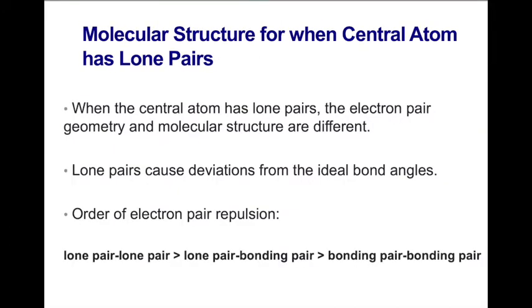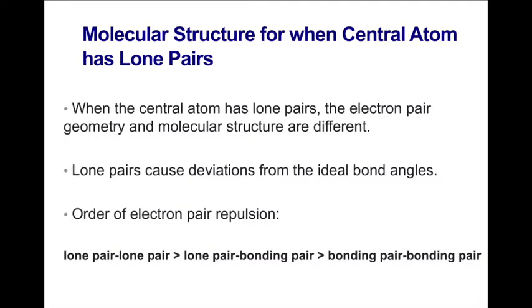All right, so when the central atom has lone pairs, then we do need to consider what the electron pair geometry is and how the molecular structure is going to be different. And something to take note of is that lone pairs cause deviations from these ideal bond angles that happen in a perfect world where all of the electron pairs are equally repelling each other.